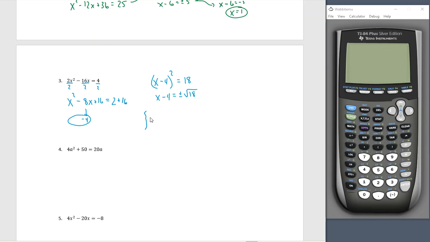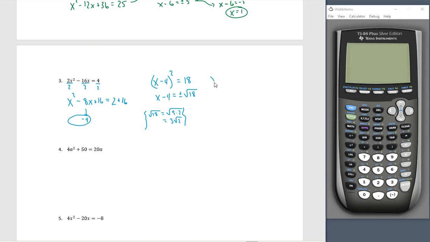Ooh, let's take a look at 18 though. 18 is 9 times 3. No, it's not. It's 9 times 2. I was thinking it's also 6 times 3, but we want a perfect square. Square root of 9 is 3. Square root of 2 is square root of 2.